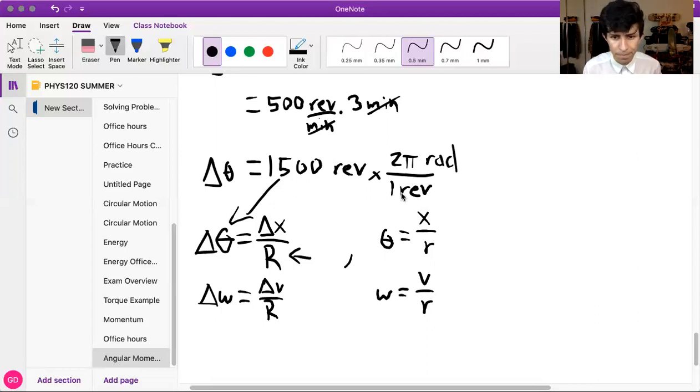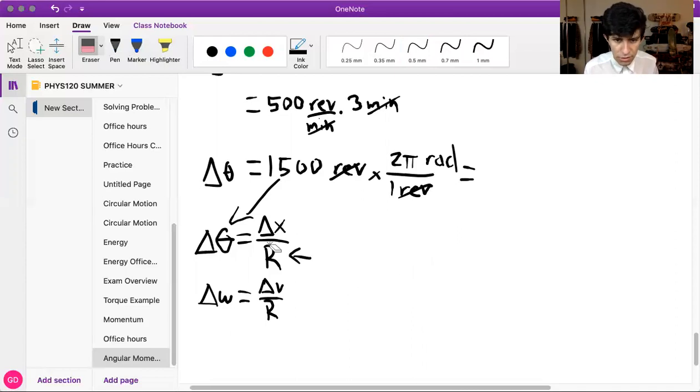So this cancels out. So our theta is now in radians. We have it in standard units. Actually, I'm just going to keep it in radians for right now. I'll plug everything in at the end. So okay, I can use this. Let's use that one. I mean, it's all the same thing. I just need the proportionality, but let's use this equation.